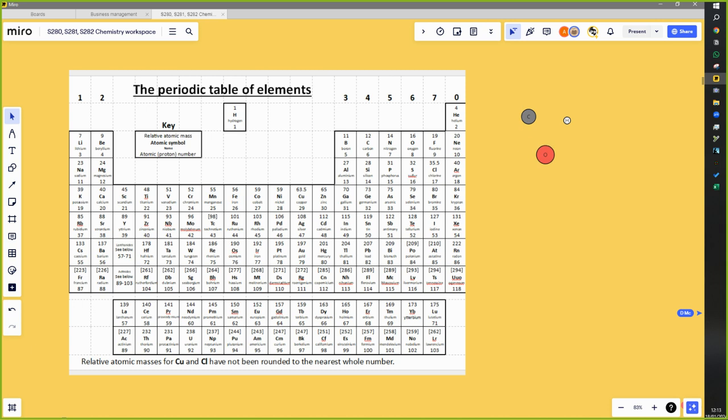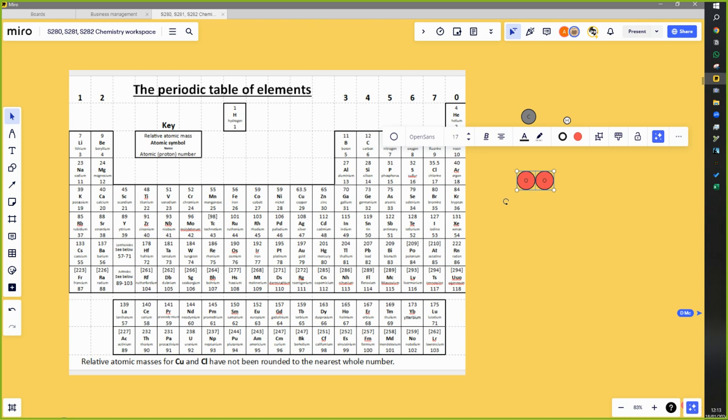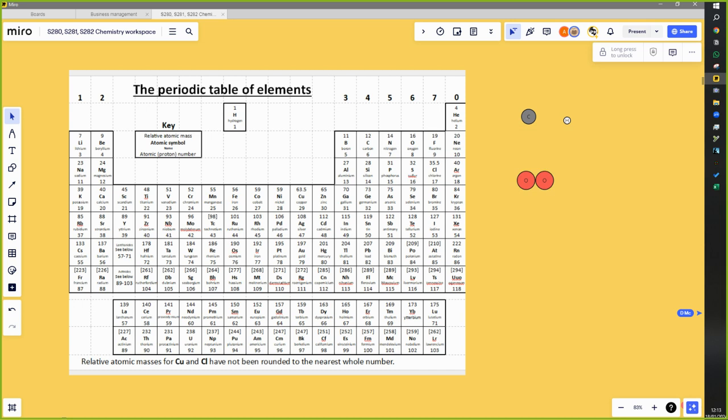And the next thing I want to talk about in this video is what a molecule is. Now, a molecule is made out of more than one atom. So, for example, you could have an oxygen molecule. It's made out of 2 oxygen atoms. So this is an oxygen molecule which has 2 oxygen atoms in it.